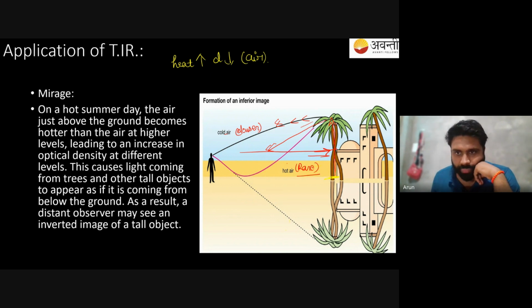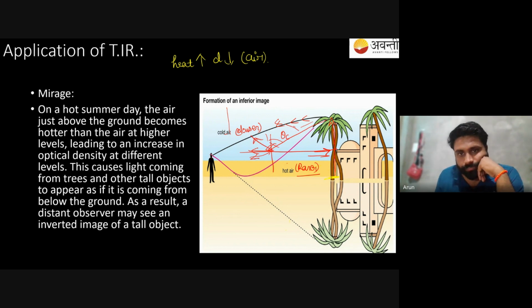Okay. So the phenomenon of TIR can take place here, because if this ray is going to refract, it moves away from the normal, and for a particular angle of incidence, which is nothing but the critical angle, it will move along the boundary, and for an angle greater than theta c, it is moving in this direction.